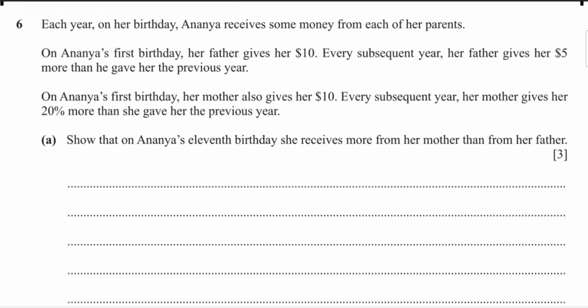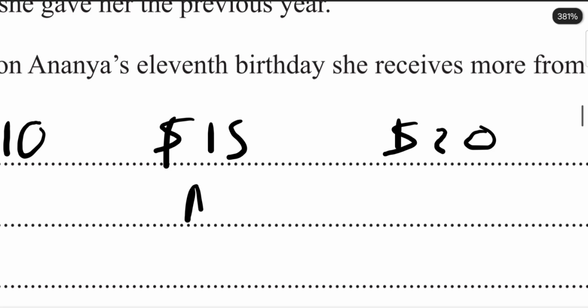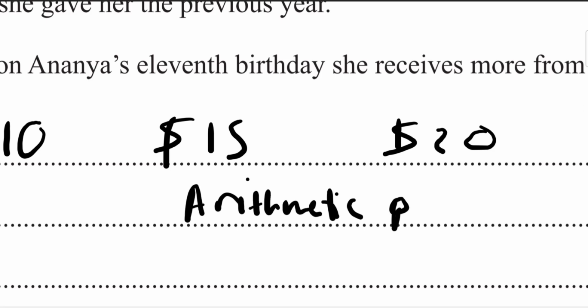So for the father, it says every subsequent year her father gives her $5 more. So if he gave her $10 for her first, it means for the second he gave her 15, for the third he gave her 20, and for the fourth it was 25. Right? And we can see that this follows an arithmetic progression.